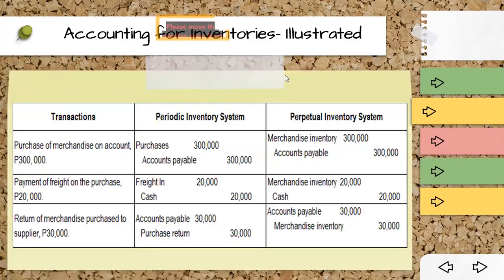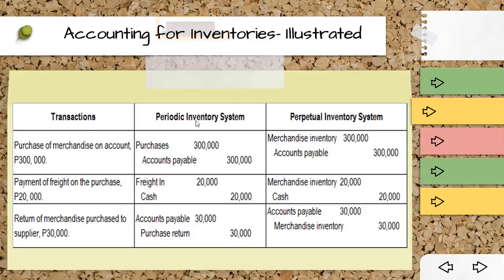So, I have here an illustration just to point out the differences between the periodic inventory system and the perpetual inventory system. We have here the specific transactions. First, purchase of merchandise on account. The amount is 300,000.